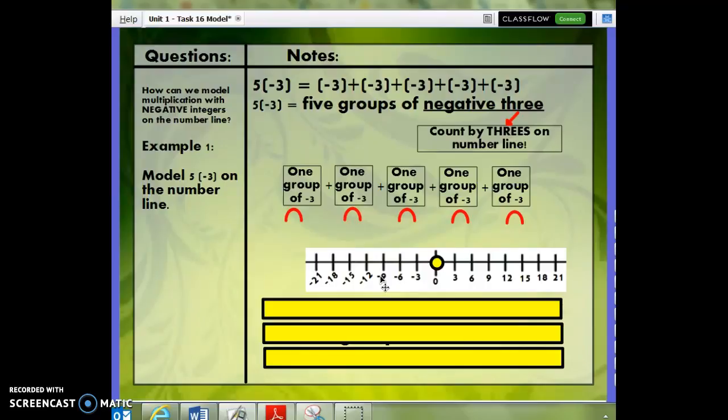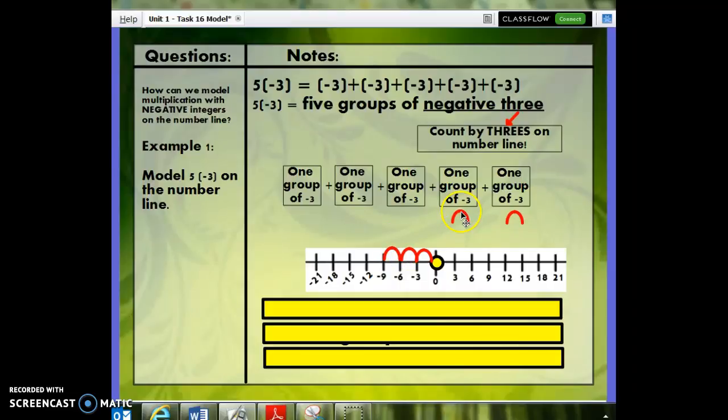But instead of going to the right, we don't have groups of positive 3, we have groups of negative 3. So we are going to go to the left. So my first group of negative 3 goes here to the left. And then I continue to travel to the left because I have a total of 5 groups of negative 3.